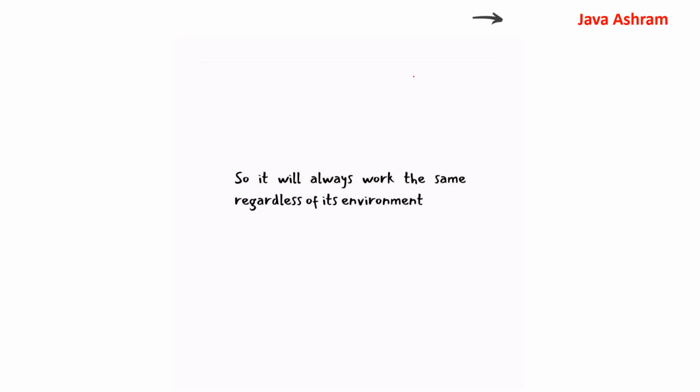So here it's noted down that environment could be any environment. As I rightly said, it could be stage, testing, production, or a disaster recovery environment, any environment. And regardless of the environment, it will work as it was working in the dev environment.